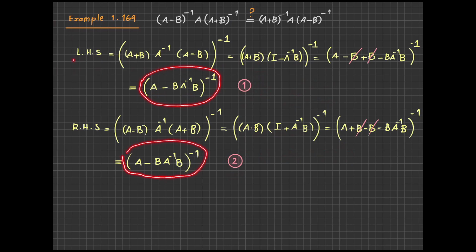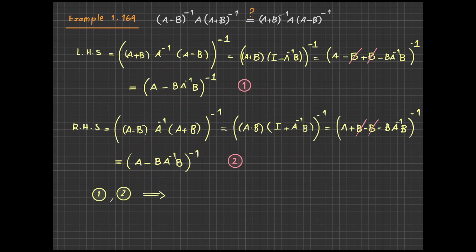So this means that the left-hand side and the right-hand side should also be equal. And that is the end of this problem. Yes? Any questions here? This was a tricky problem, but if you know the rules, you have some more tools in your toolbox for solving problems here.